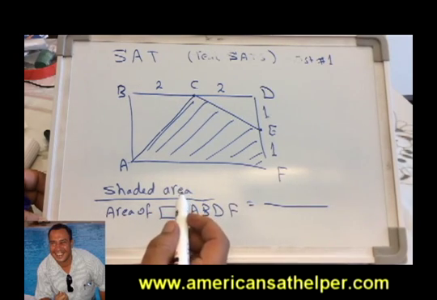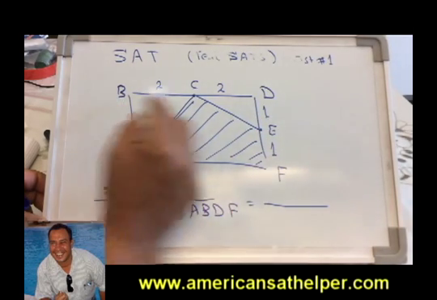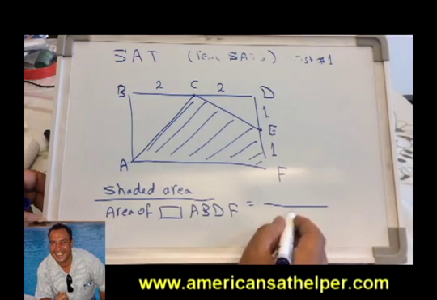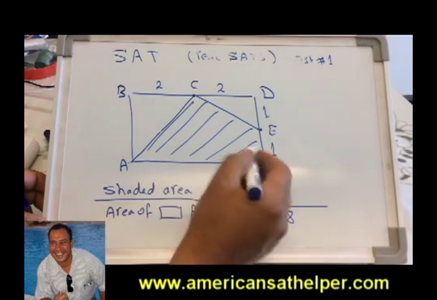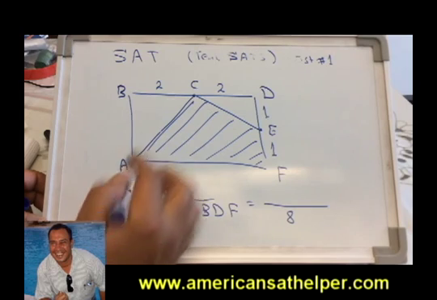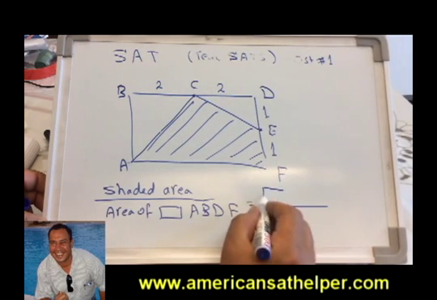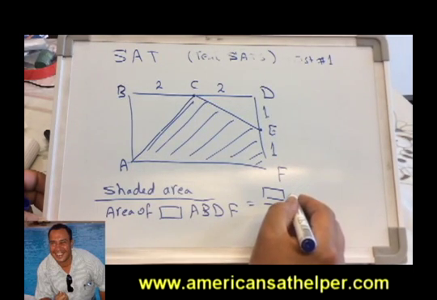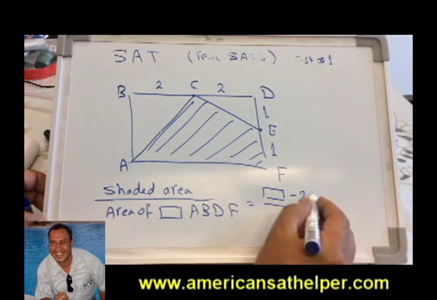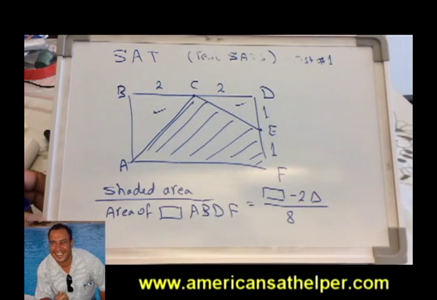Now you can see that the area of rectangle ABDF is 4 multiplied by 2 equals 8. And now to find the shaded area, you can say that it is the area of the whole rectangle minus the 2 small white triangles.